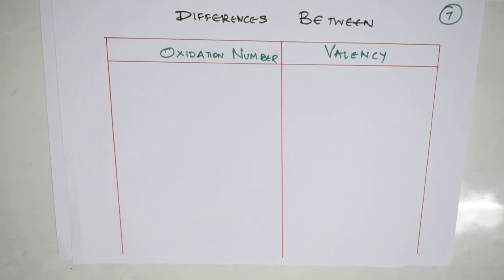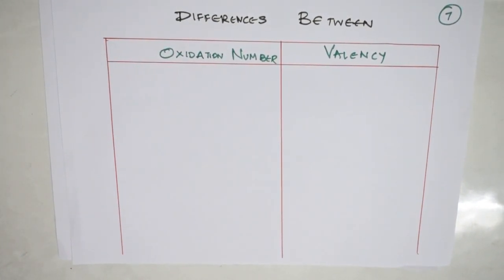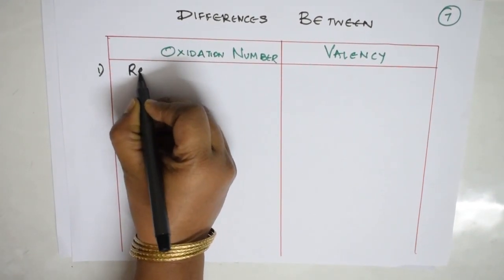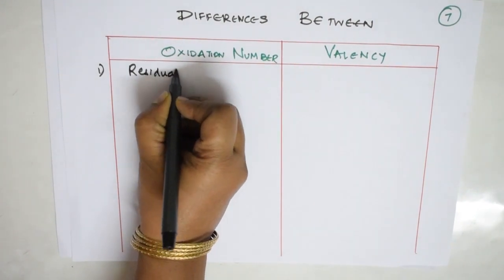Let's take this. So basically, we have understood till now, isn't it? Oxidation number is nothing but the residual charge.